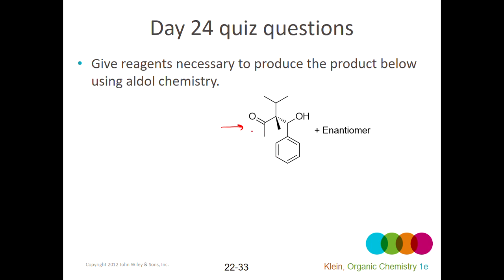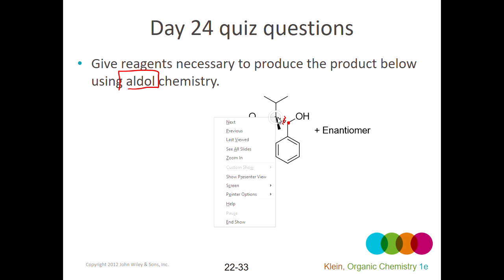So the way you would do that, if you're thinking it's going to be forming from an aldol reaction, is you would find the carbonyl carbon and the OH carbon. And you would disconnect right here, retrosynthetically. This is the sigma bond that's going to form in the forward direction, so retrosynthetically we have to break that bond. How do I know that?